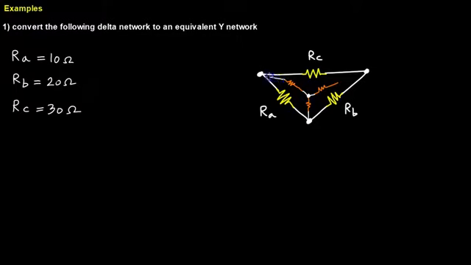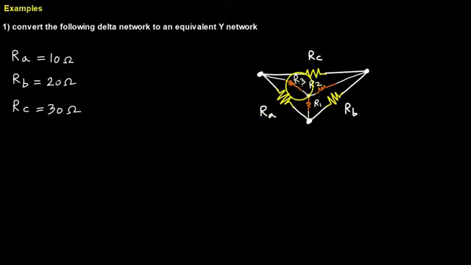So let's connect these up. It doesn't really matter how I label this. I could have labeled this R1, R2, and R3, so long as we do the relationships and the math correctly.